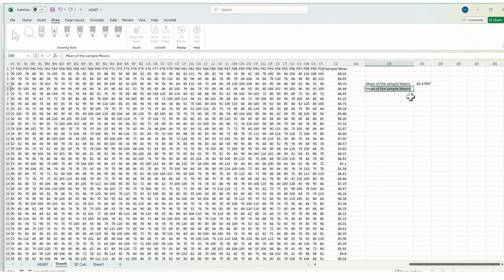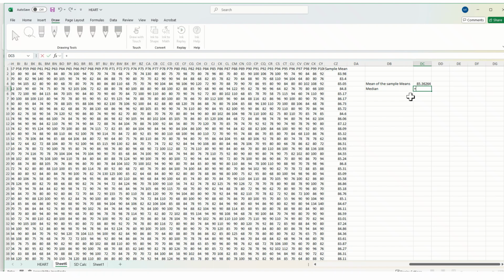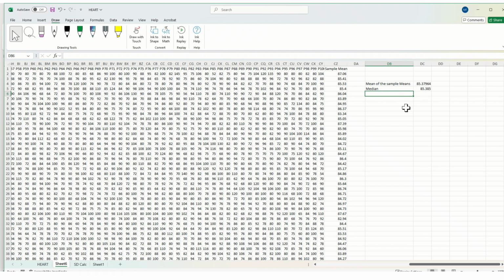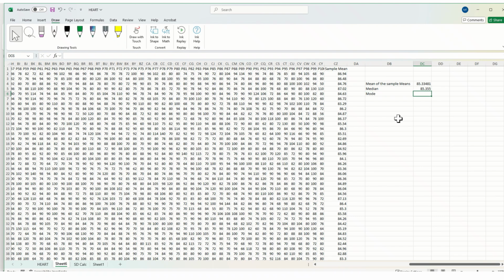Next, let's check the median and see if it is the same as the mean. Equals median of this column CZ, parentheses close, and we see that mean and median are at least exactly the same. Now let's check the mode.